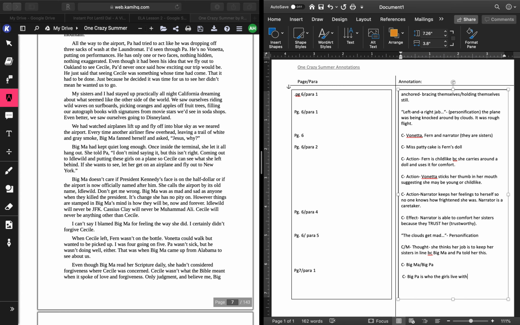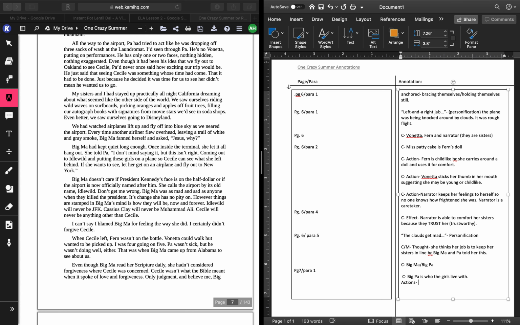Sometimes with indirect characterization, we're given more than one. So next line, we have some actions. Pa tried to act like he was dropping off 3 sacks of wash at the laundromat. This suggests that he was pretending that he didn't care. However, the narrator is telling us that he's no Vonetta.